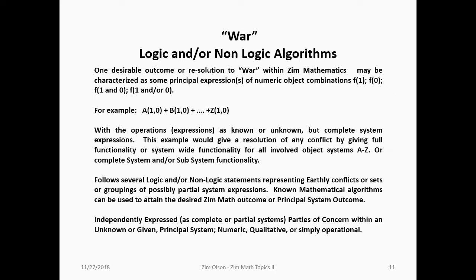With the operations expressions as known or unknown, but complete system expressions, this example would give a resolution of any conflict by giving full functionality or system-wide functionality for all involved object systems A through Z, or complete system and or subsystem functionality.